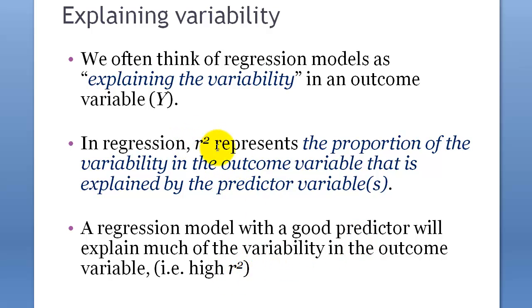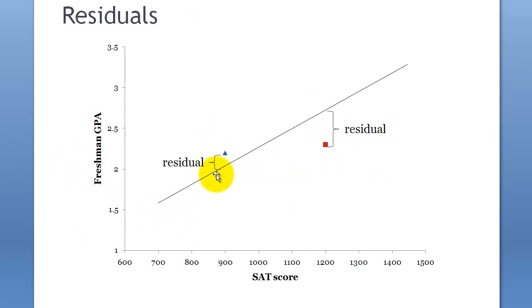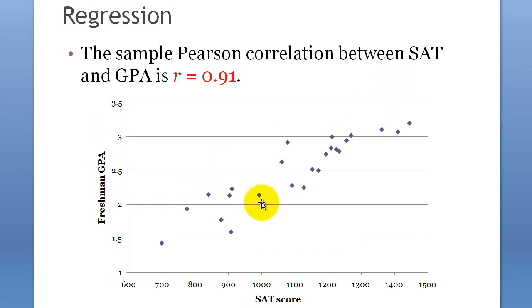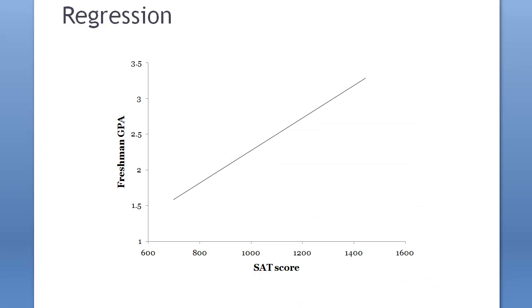So if the R2 is really high, that means the residual is going to be smaller, because this is going to be a really good predictor. Most of these dots, the actual dots, are going to be explained by this line.